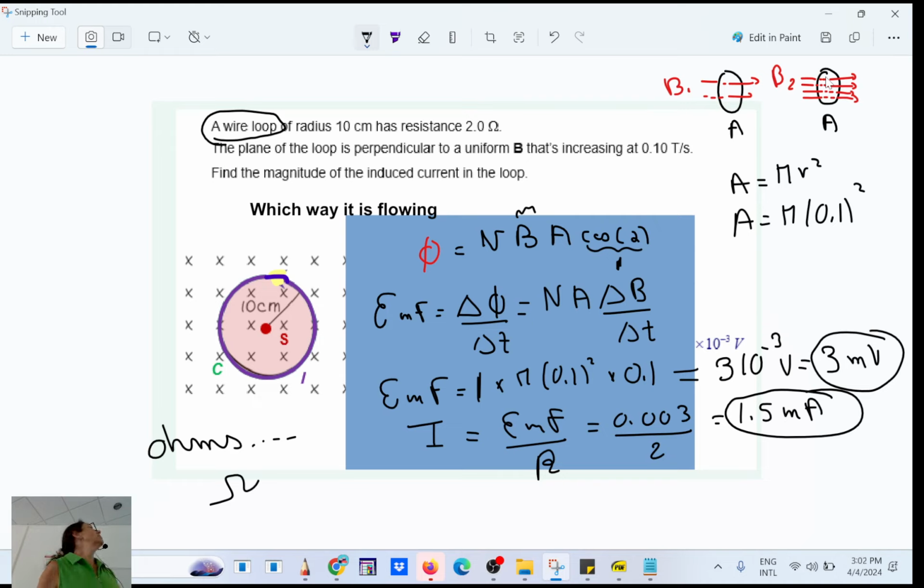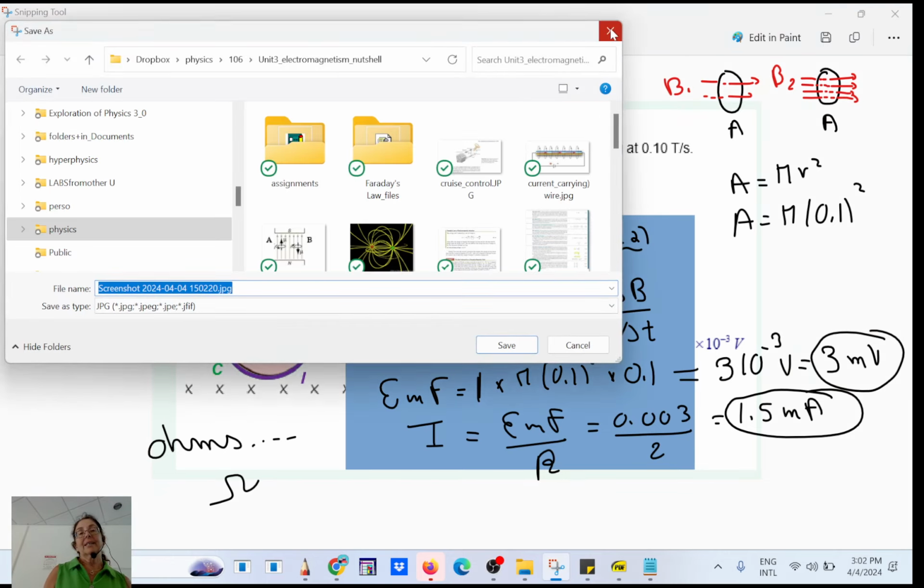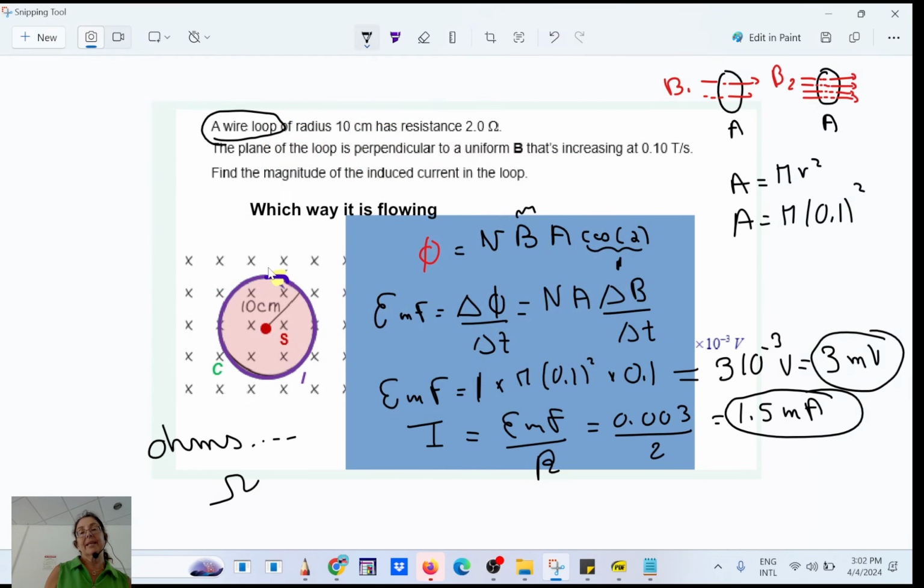Stop. So which way is it going to flow? Very good, this way. It's going to be counterclockwise. It's going to make a magnetic field saying, stop, I hate you.